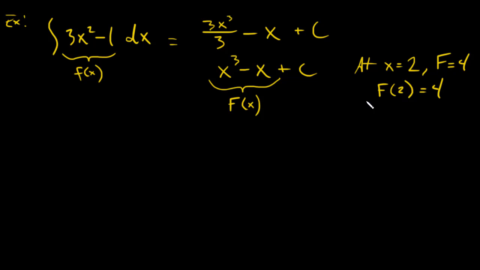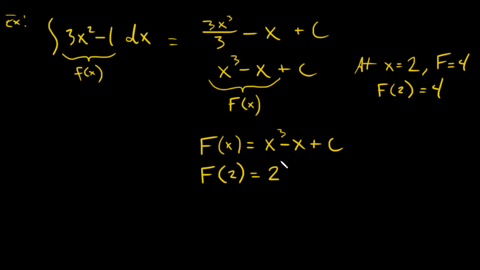If you know what your antiderivative's final value should be when you plug in a certain value of x, you can then solve, because what I have here is my F of x equals x cubed minus x plus c. If I do F of 2, that's going to equal 2 cubed minus 2 plus c. But F of 2 is 4, so this is 4 equals 8 minus 2 plus c, right?